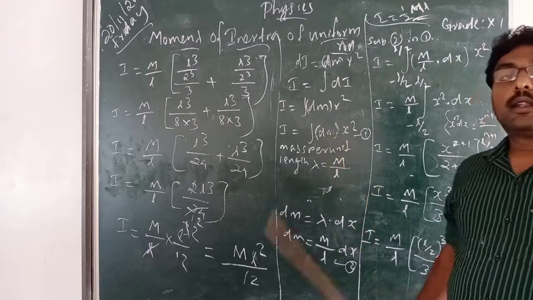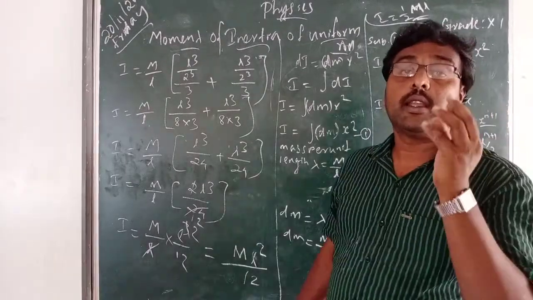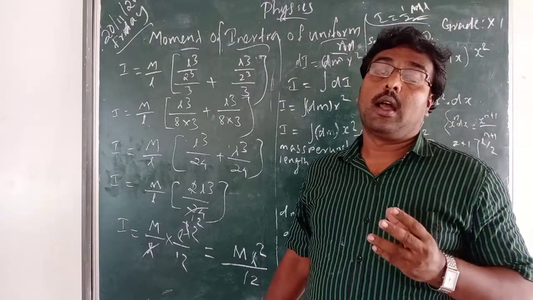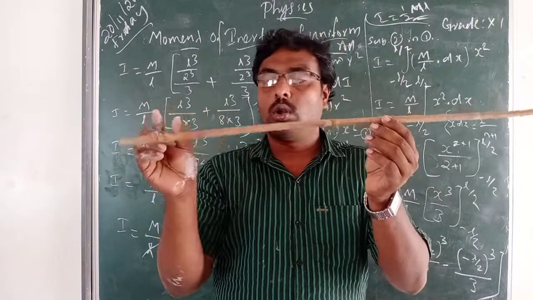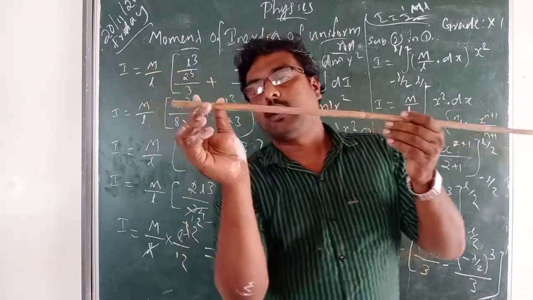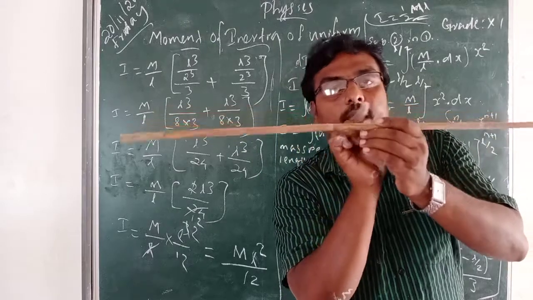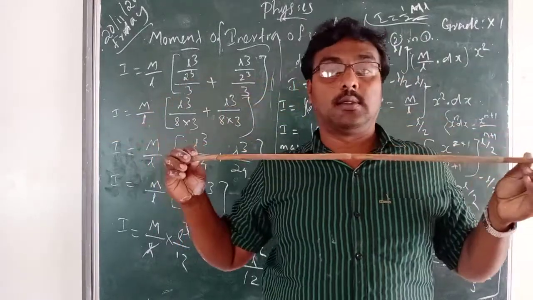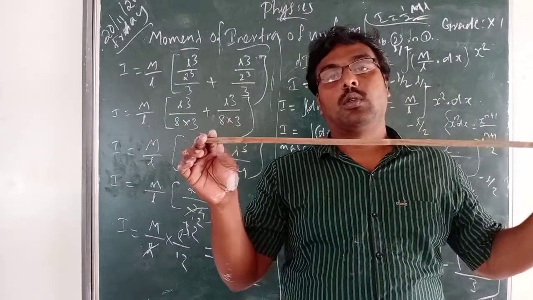Now we are finding the dm. dm means infinitesimal mass, a very small mass we are choosing, and mass per unit length. You see, for this whole rod we are taking one mass, then another mass, then another mass, like this for the whole length from minus L by 2 to plus L by 2.